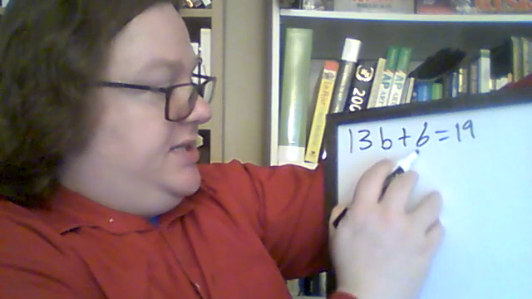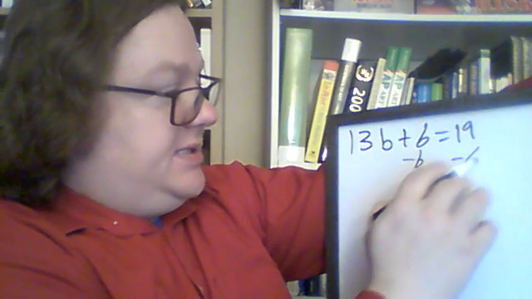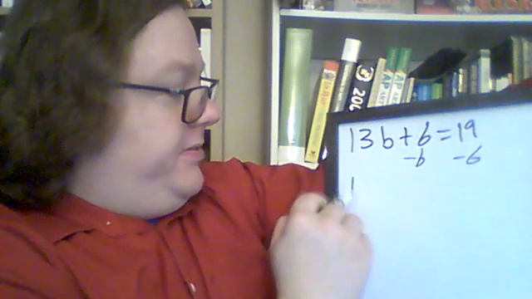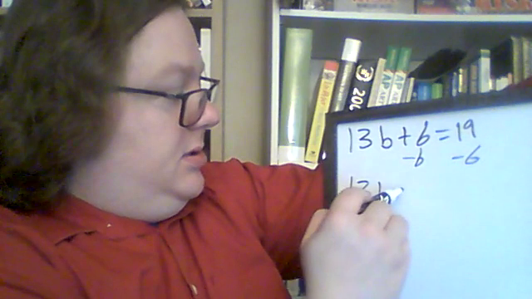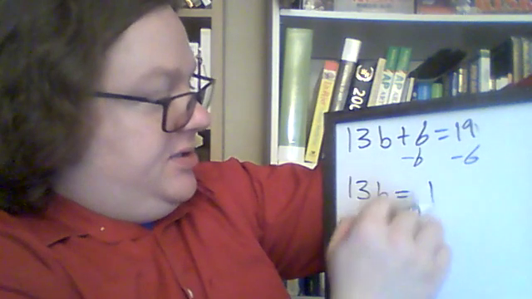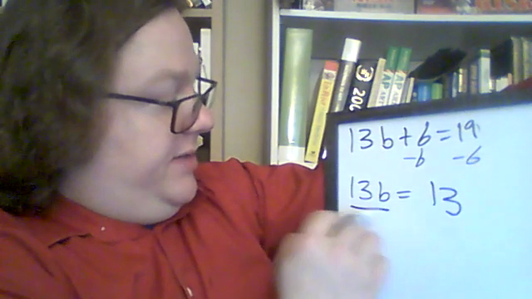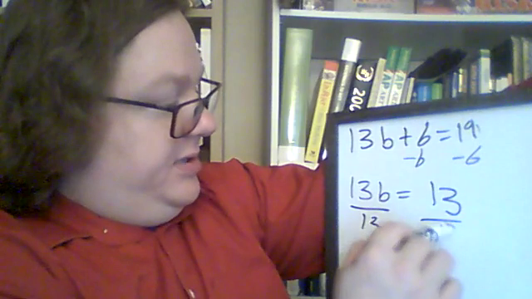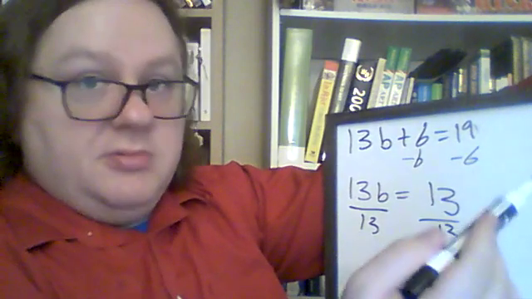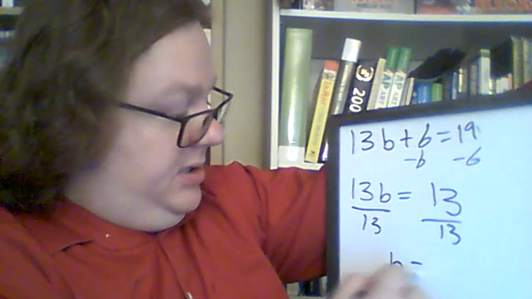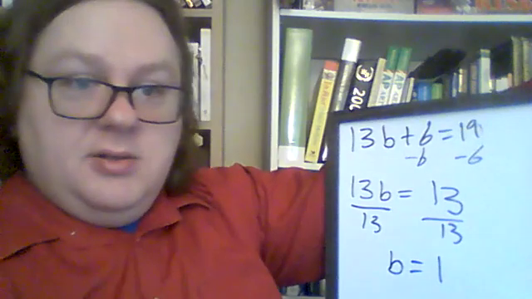So we're going to subtract this 6, subtract this 6. 13b equals 19 minus 6 is 13. Divide by 13, divide by 13. 13 divided by 13 is 1. b equals 1.